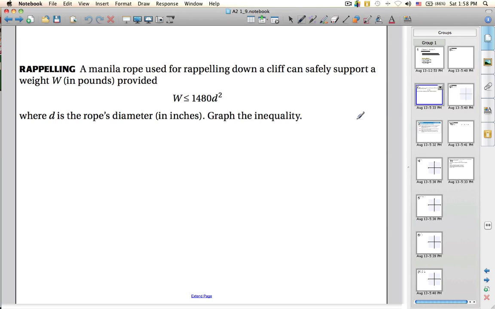The type of problem that this might be solved for would be to graph the different weights that would be safe to rappel down a cliff using a rope, depending on the diameter of the rope.